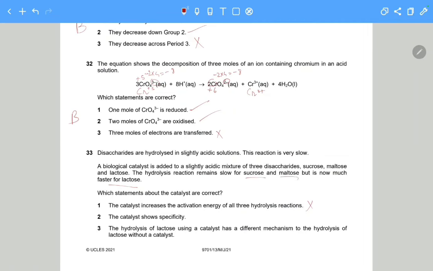And the catalyst shows specificity. That's correct, because it only does catalysis for lactose. And the hydrolysis of lactose using a catalyst has a different mechanism to the hydrolysis of lactose without a catalyst. Yes, because remember, a catalyst takes the reaction through an alternate pathway with lower activation energy, so the mechanism has to be different. And therefore the correct answer is C.